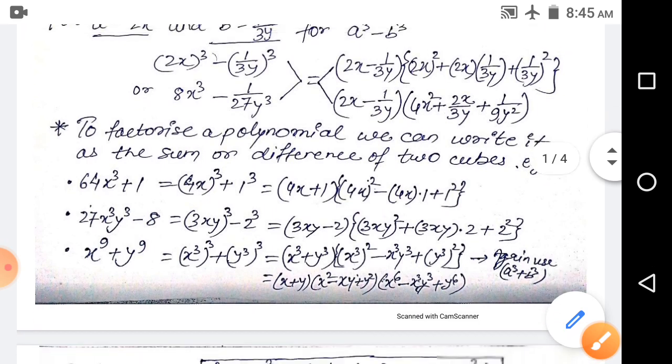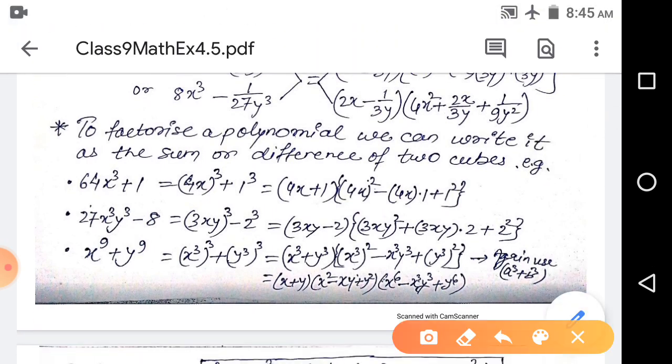Now here the difference of 2 cubes, it is 27x cube y cube minus 8. This 27x cube y cube can be written as 27 means 3 cube, so 3xy whole cube minus this 8 is 2 cube, so for this 8 we will write 2 cube, and we will use the formula.